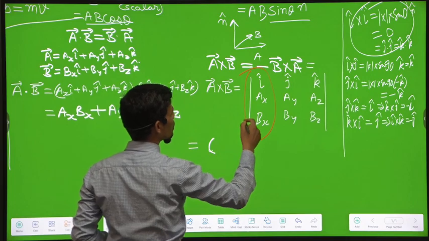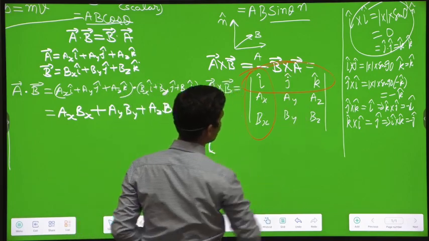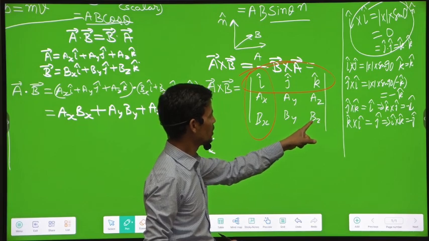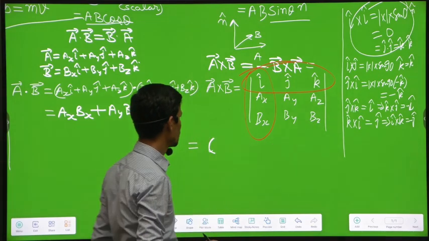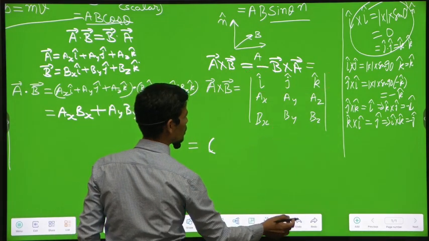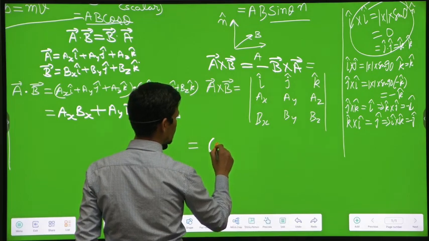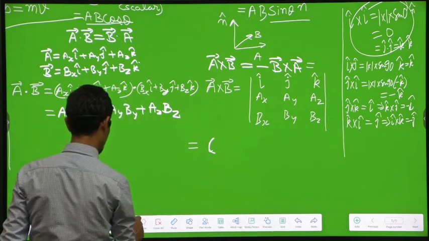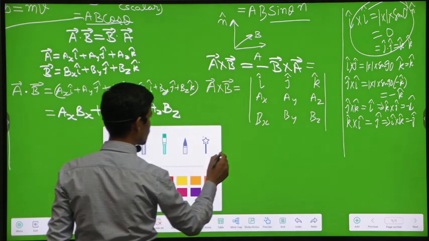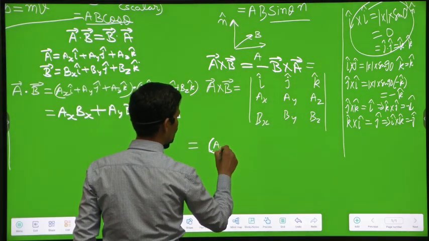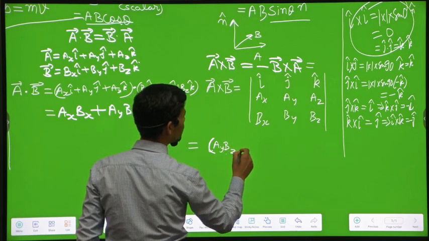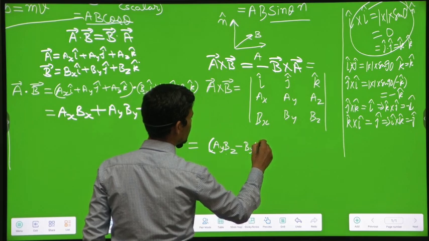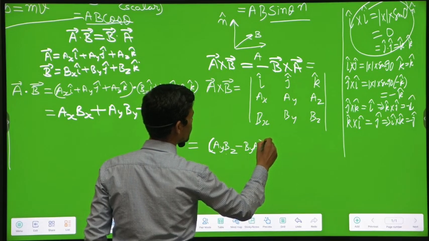Leave this column, leave this row. And now multiply ay with bz, minus by az, i cap.